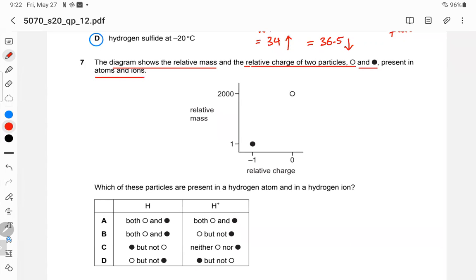So which of these particles are present in a hydrogen atom and in a hydrogen ion? Can anybody identify?